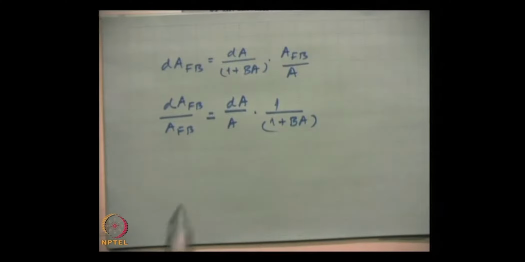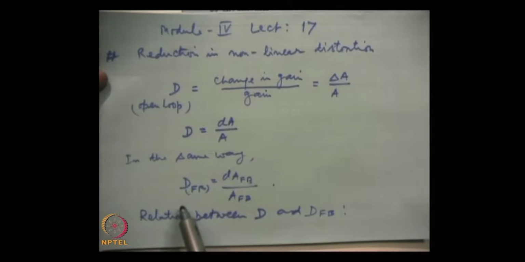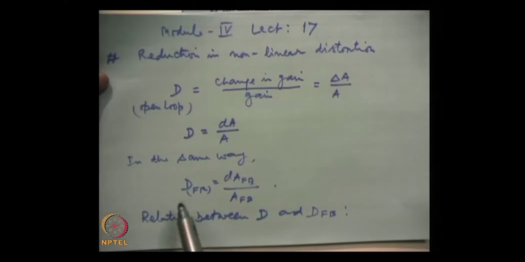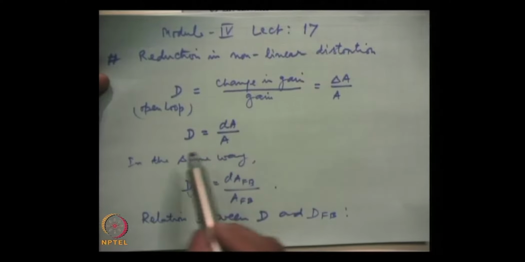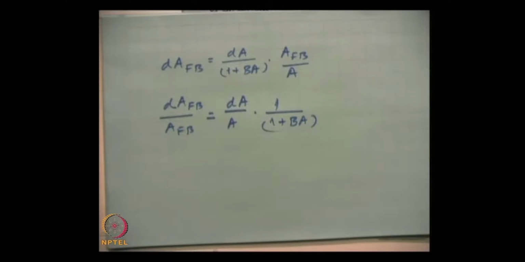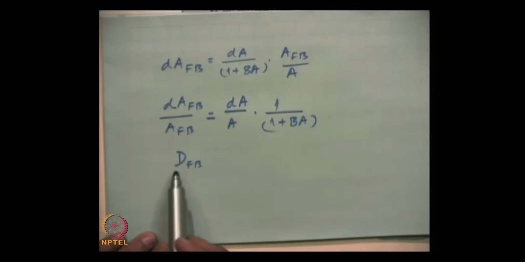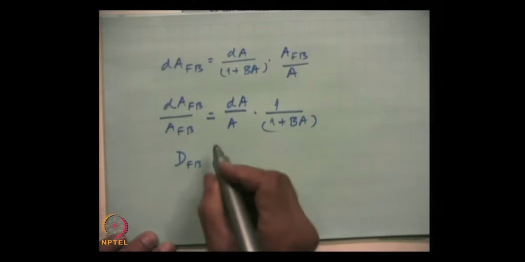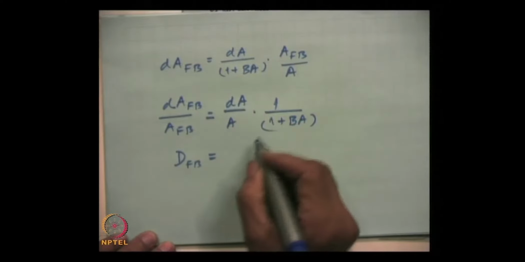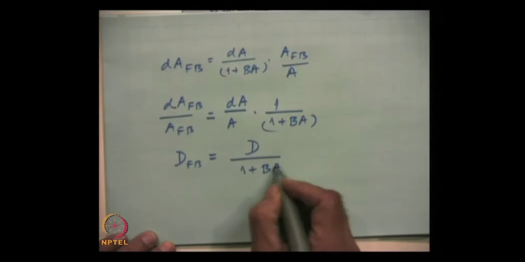And you remember how we defined these, these are the defining equations. Here this is the nonlinear distortion in an amplifier with negative feedback, and this term is the nonlinear distortion for an amplifier without feedback. So, DFB, the nonlinear distortion with feedback, is equal to D by 1 plus BA.